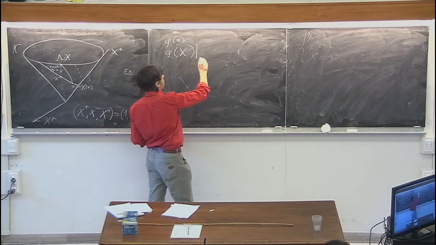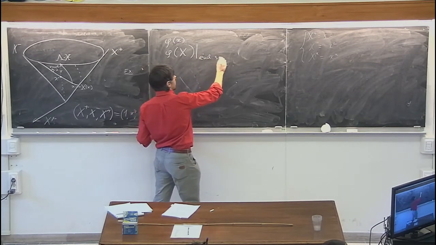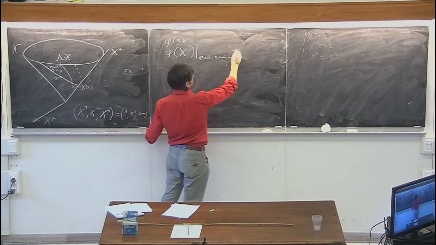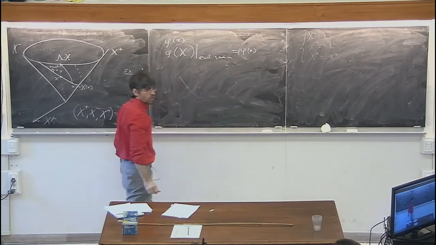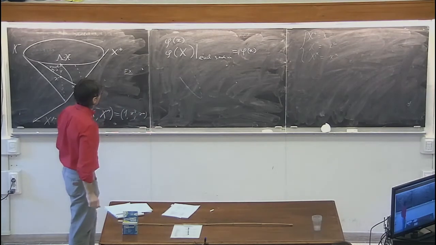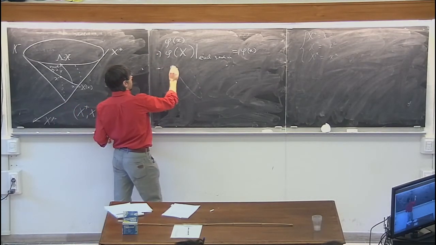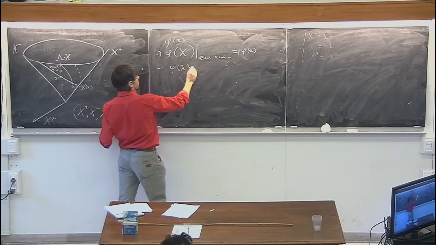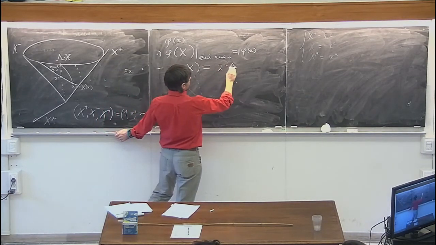So first of all, phi of x on the Euclidean section is, of course, going to be equal to phi of x. So far so good. This is the first rule. The second rule, phi of lambda x is going to be equal to lambda to the minus delta phi of x.